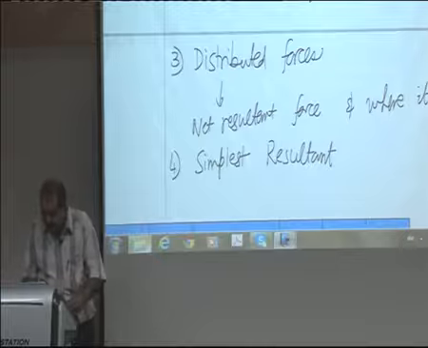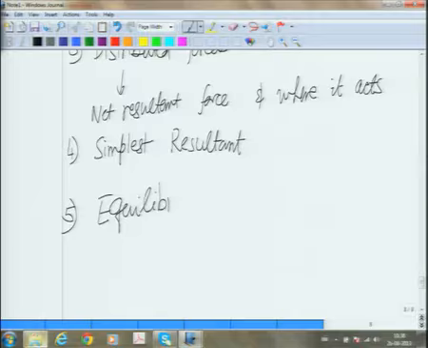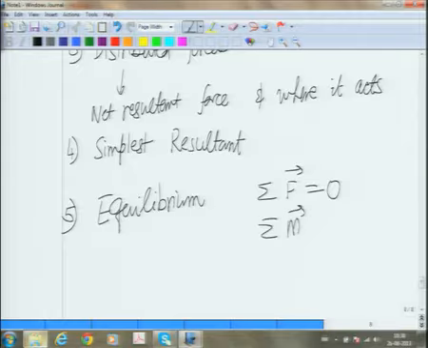Then, or maybe not in the same order, but all these could then be applied to the concept of equilibrium of a body. And in equilibrium basically what we do is we take the sum of forces equal to 0, the sum of moments about any point in space equal to 0, and with that we are able to find the unknown forces.